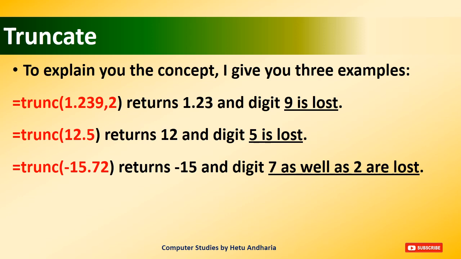Second one is equal to TRUNC 0.5, then here we have not specified the second argument, that is why this 5 which is written after the point is lost. Then the next one is equal to TRUNC into bracket minus 15.72. Here also second argument is not provided, and that is why it returns minus 15, and 7 as well as 2, both the digits are lost.